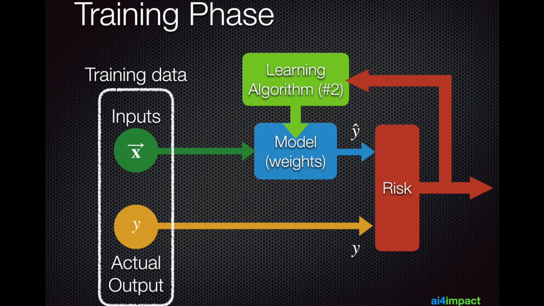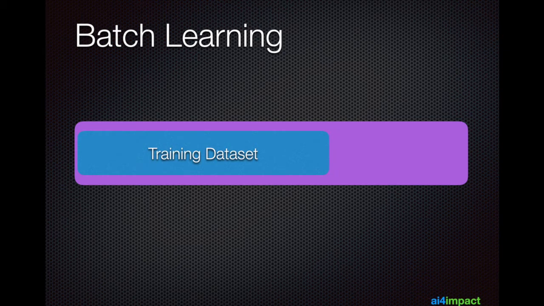Typically, in the training phase, we will do this again and again, and at each iteration, the model weights are changed slightly. And the promise of the learning algorithm is that it changes the weights in such a way that on the next iteration, the risk should be slightly smaller than before. What we've just described is called batch learning.